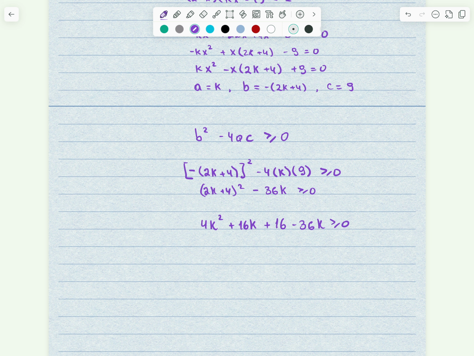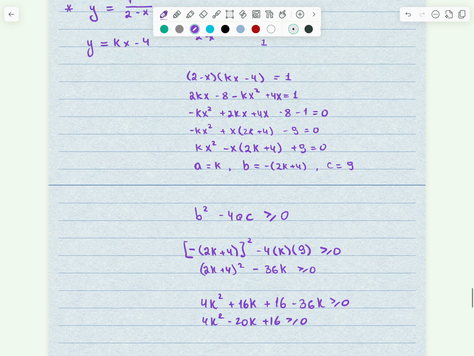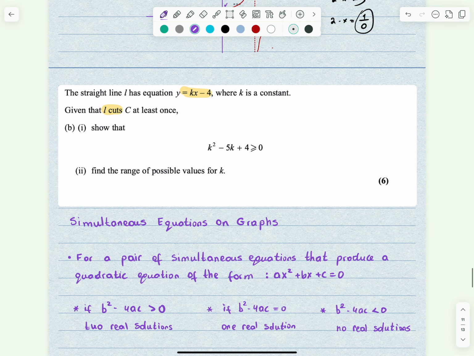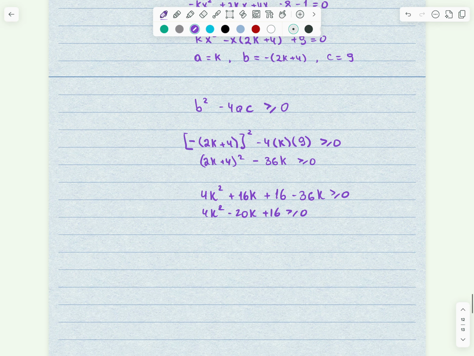And then you're going to be solving this by simplifying: 4k squared minus 20k plus 16 greater than or equal to 0. So if I go back to what they have, k squared minus 5k plus 4, and if I come back to mine, it doesn't look like it, but it's actually the same if I divide everything by 4, because each term in this equation is divisible by 4.